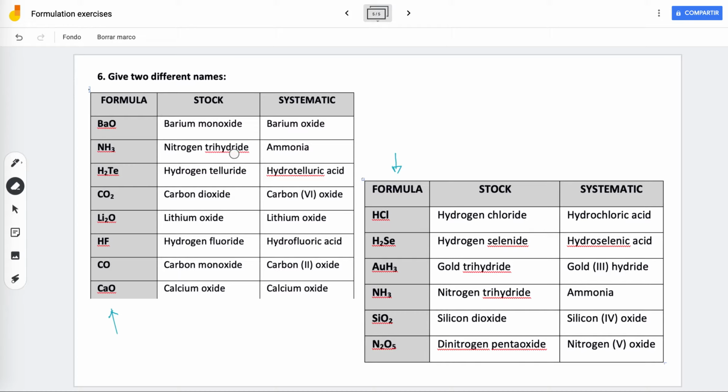Nitrogen trihydride, good, yes. Nitrogen and 3 hydrogens, and the commercial name is ammonia. In this case, hydrogen telluride, yes, like that, hydrogen telluride.